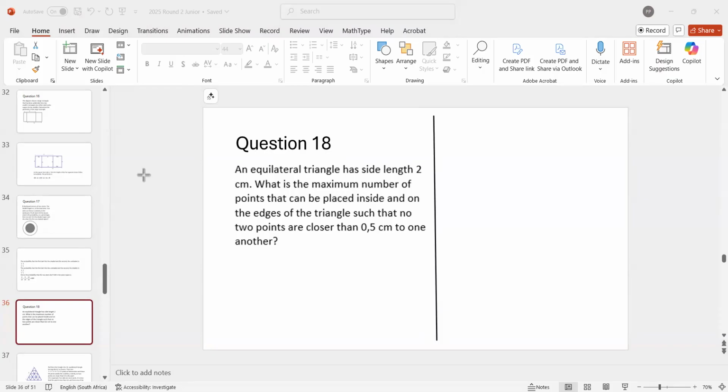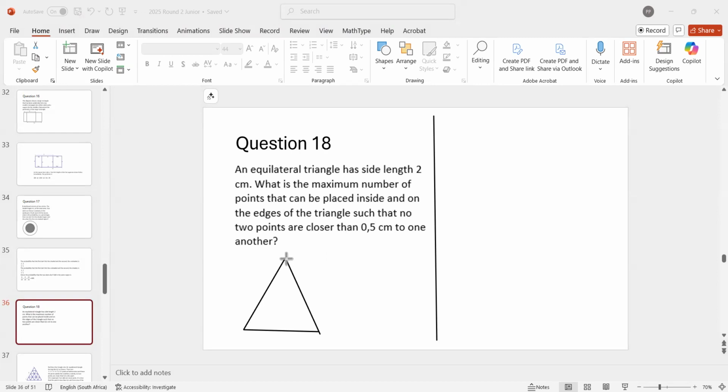So you've got the equilateral triangle with side 2 centimeters. Let's just draw this equilateral triangle. Not bad. It looks like an equilateral triangle. Okay, the side is 2 centimeters. And you want to place points so that no 2 points are closer than 0.5.